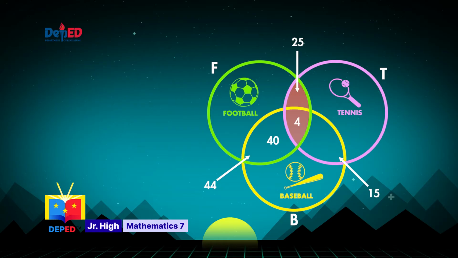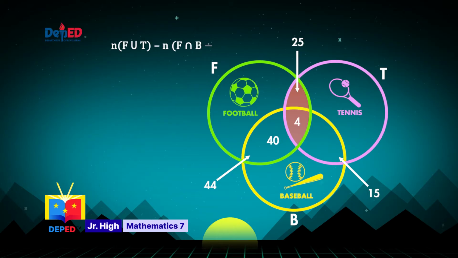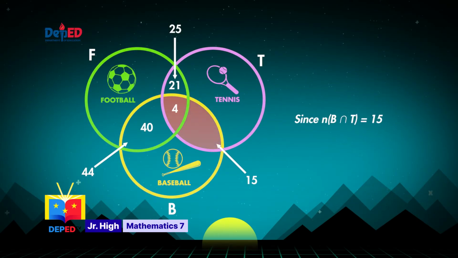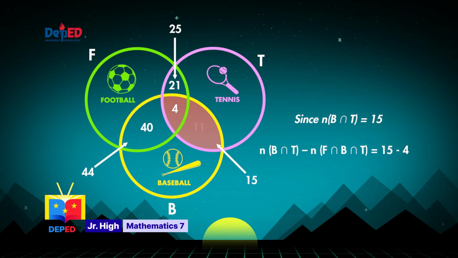On the other hand, given that the cardinality of the intersection of sets F and T is 25, for the intersection of sets F and T minus the intersection of F, B, and T, the result is 21. While for the intersection of circles B and T minus the intersection of F, B, and T, we got 11.